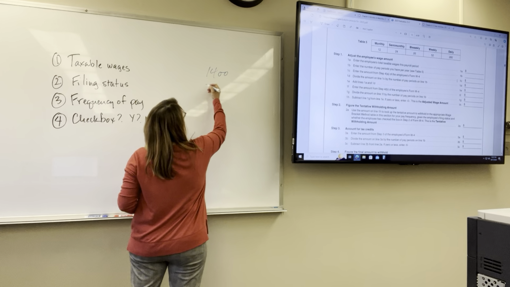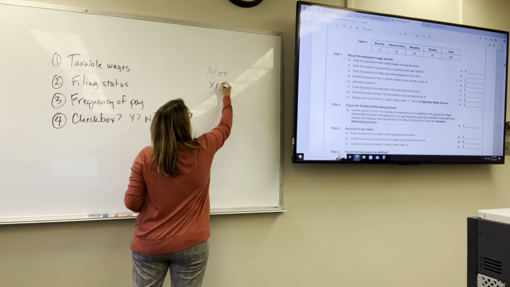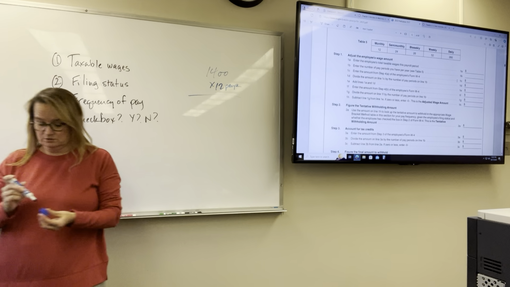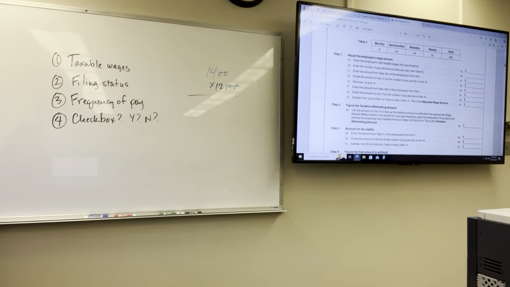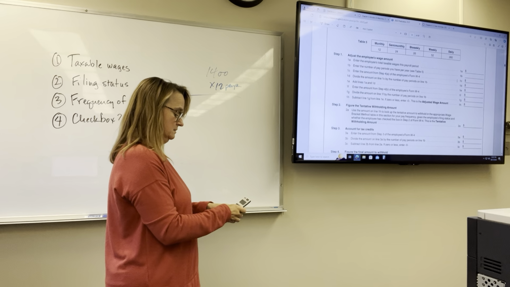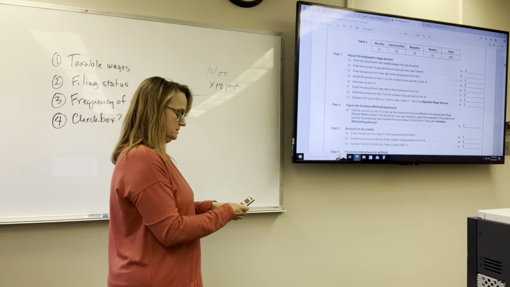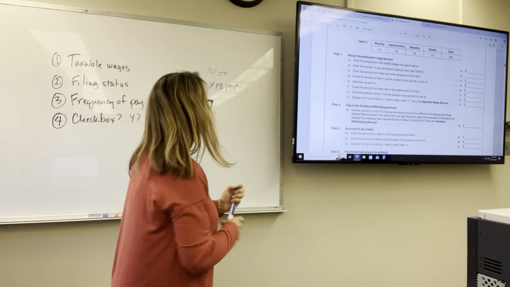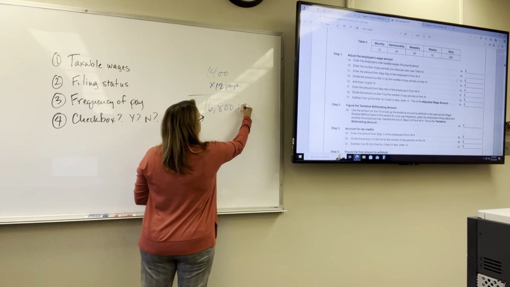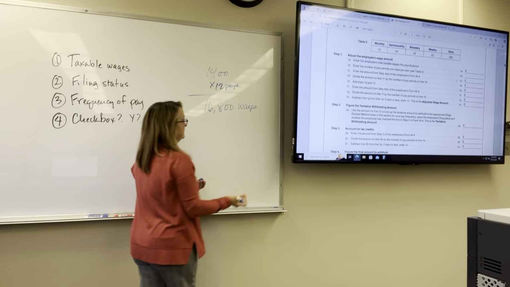Let's say we've got 12 pays. On an annual basis, that's 16,800. So these are their taxable wages.